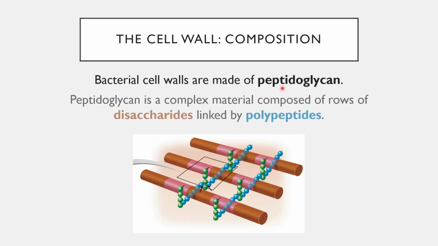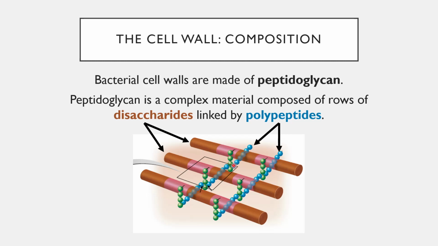Specifically, disaccharide carbohydrates are cross-linked with polypeptides or very small proteins to form a rigid material that gives strength to the cell wall. There are multiple ways that peptidoglycan can be formulated and incorporated into the cell wall, leading to two major categories of bacterial cells that are recognized based upon their cell structure.